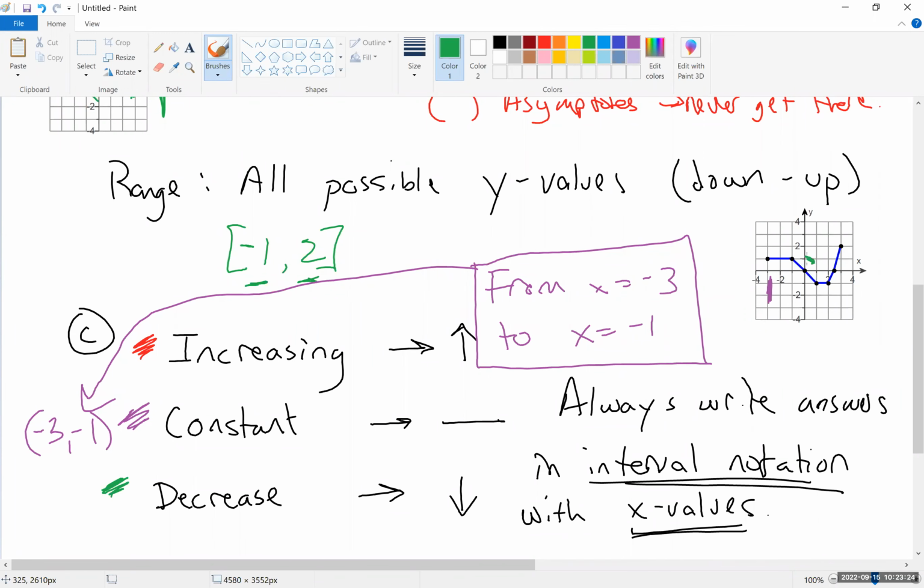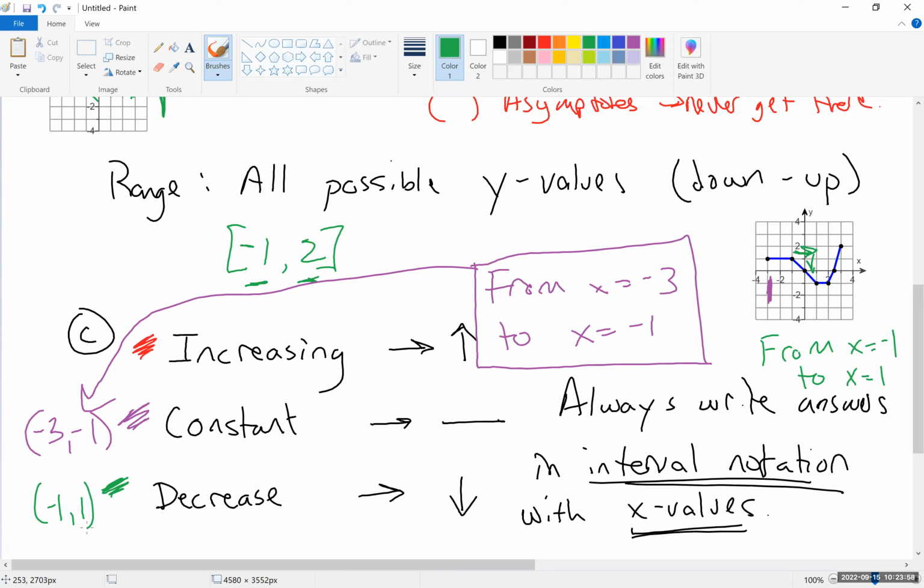So as we go to the right, hard to show here because the graph is so small, but as we go to the right, our graph goes down. When? From X equals -1 to x equals 1. All you're worried about are the x values. So it's going to be from -1 to 1. From x equals -1 to 1, the y values are decreasing.